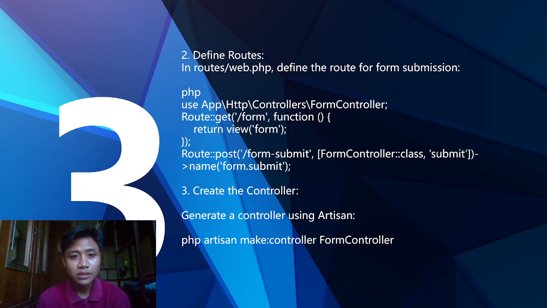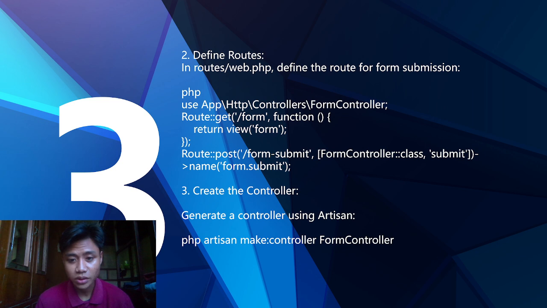and then the second step is define routes in routes/web.php. Define the routes for form submission, and then copy the code for the routes. Step 3 is create the controller.